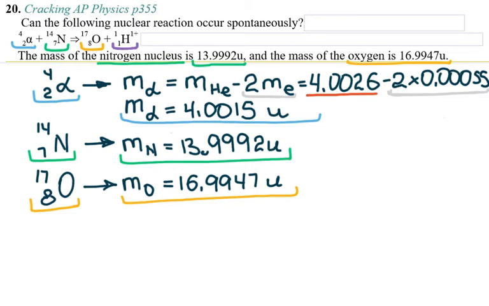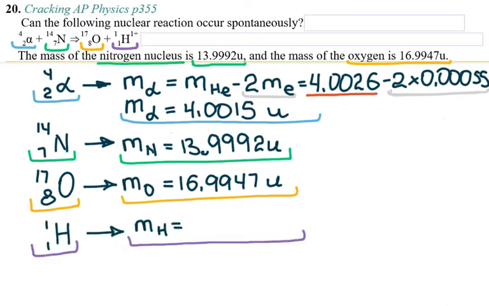hydrogen again. We have the mass of the hydrogen that we can look up in the periodic table. It is given as a positive proton, so it is an ion and doesn't have an electron. So I take the atomic mass from the periodic table and subtract the mass of the electron.